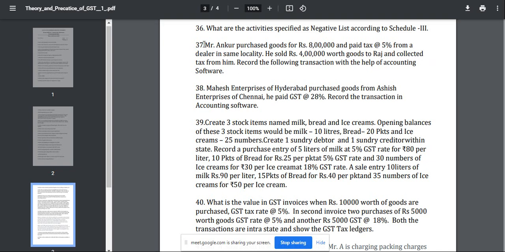So in this transaction we have one purchase and one sale. So you have to enter one purchase voucher and another sales voucher, along with the GST percentage, 5%. Same locality means we have to divide that 5%: 2.5 to state tax and 2.5 to central tax. So what are the things we have to do here?